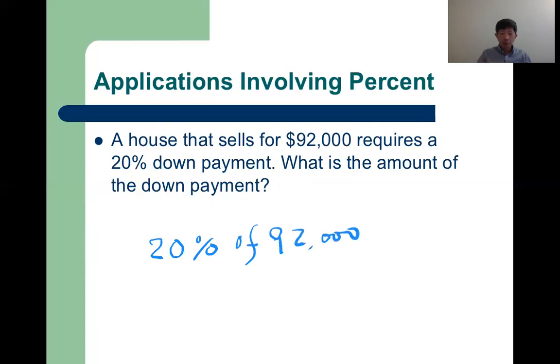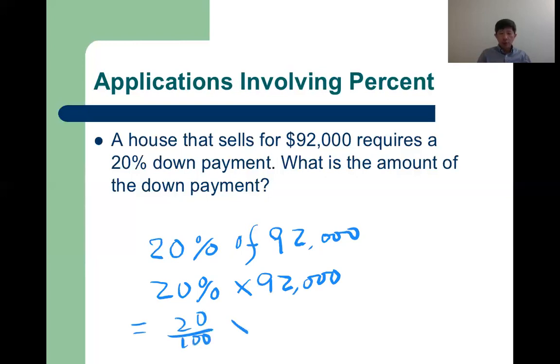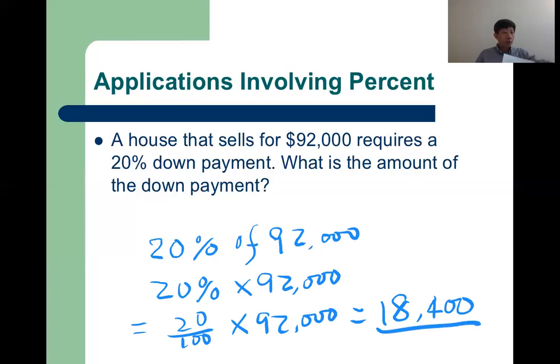Take 20% times 92,000, so you can do 20 over 100 times 92,000, and you should be able to get the answer. It'd be 18,400.